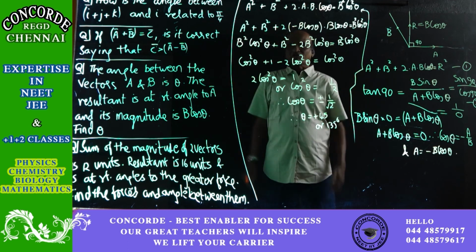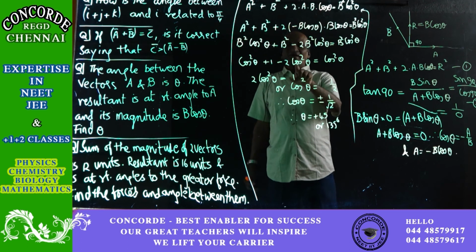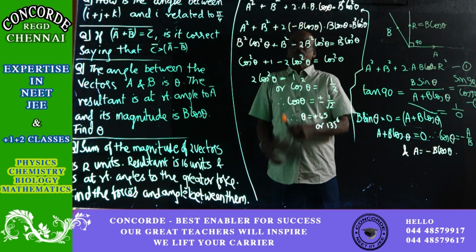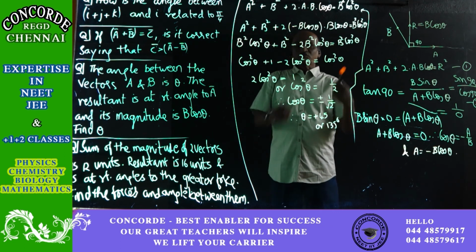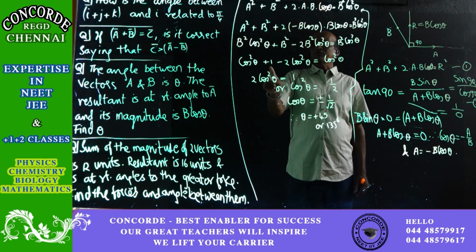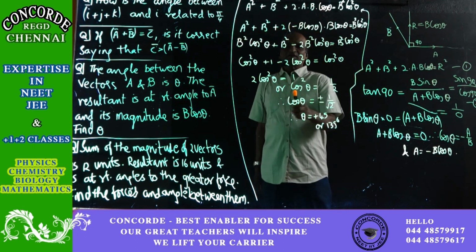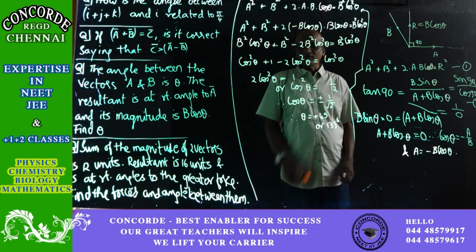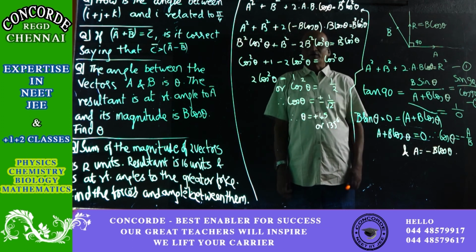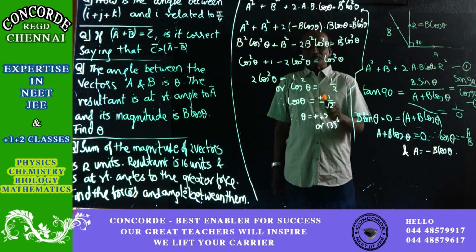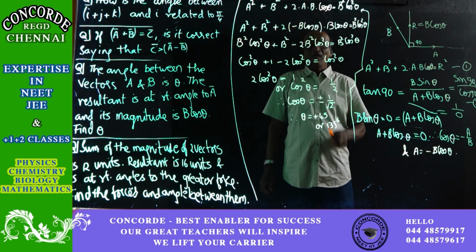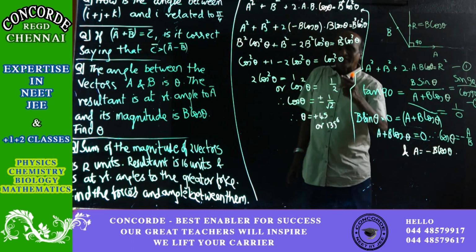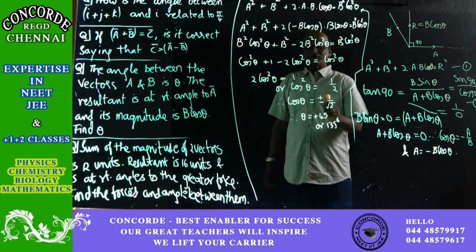Again, cancelling out cos square theta on both sides, taking this minus 2 cos square theta to the other side, it becomes plus, and will be equal to 1. So cos square theta will be equal to 1 by 2. When we take square root, then cos theta will be plus or minus 1 by root 2, because if you square plus 1 by root 2, you will get 1 by 2. If you take square of minus 1 by root 2, then also you will get 1 by 2. So taking square root of 1 by 2 means it can be positive or negative.